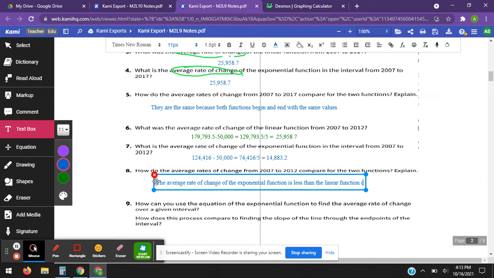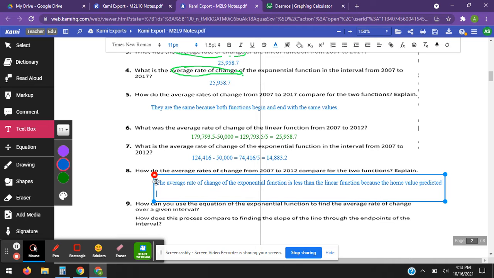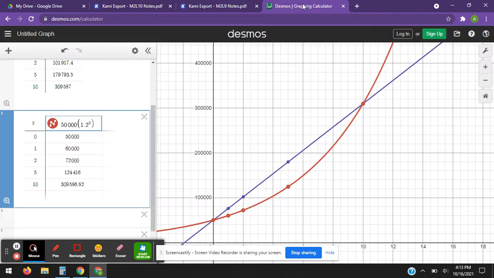How? Because the home value predicted by the exponential function. And let's see where it falls on the line.